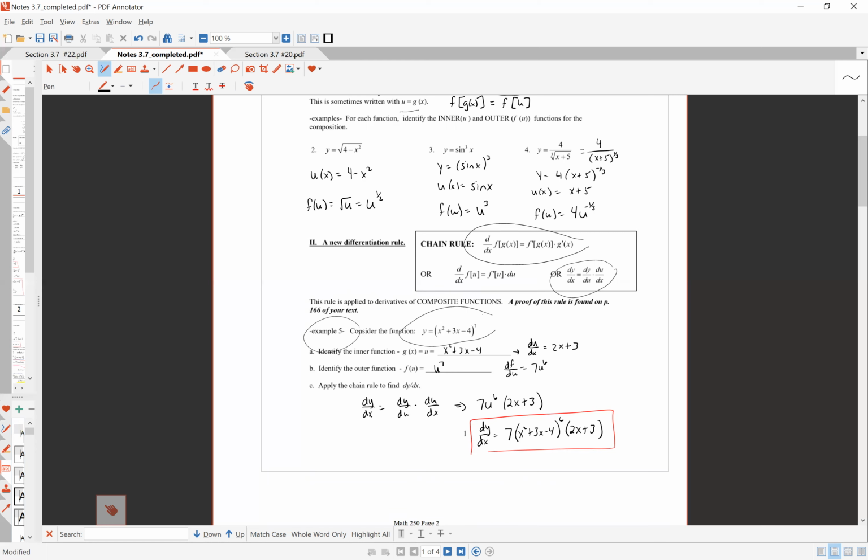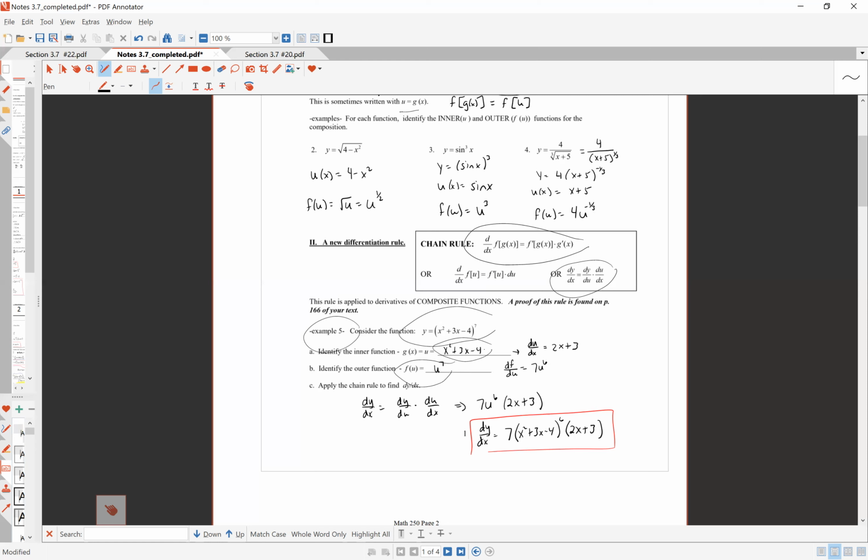So the outer function is f of u equals u to the 7th, and the inner function u is x squared plus 3x minus 4. Hopefully we're good enough at these derivative rules that the derivative of x squared plus 3x minus 4 is 2x plus 3.